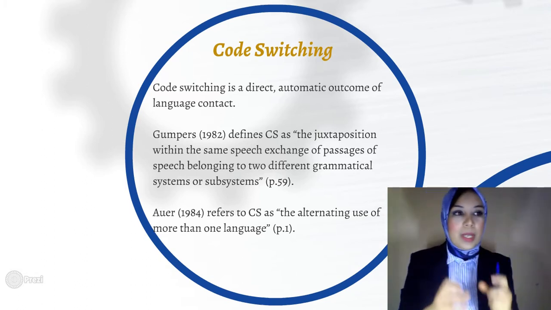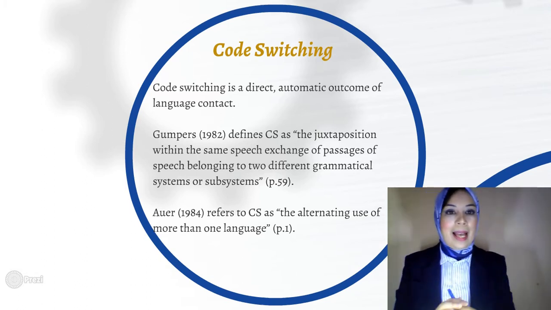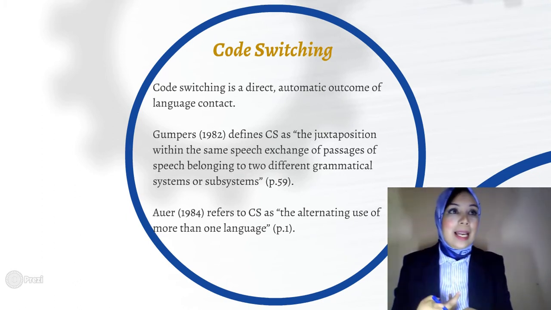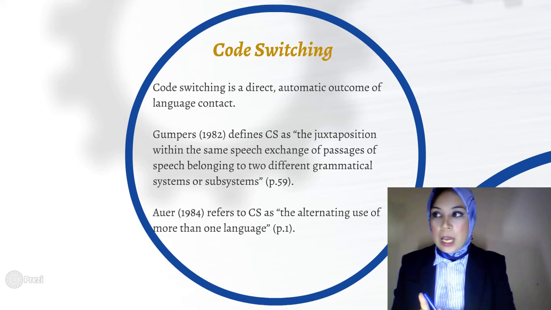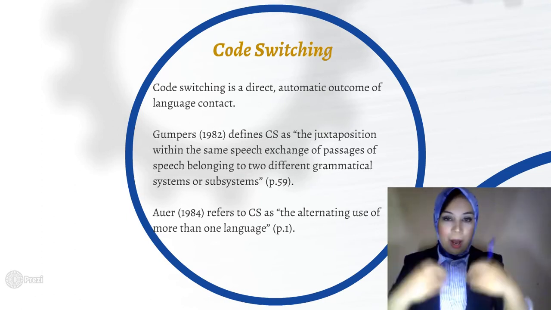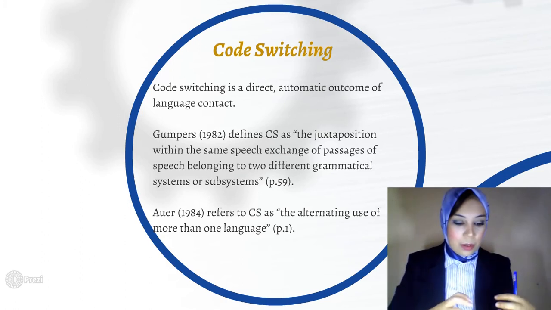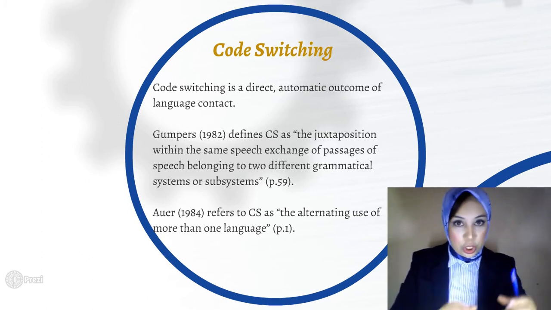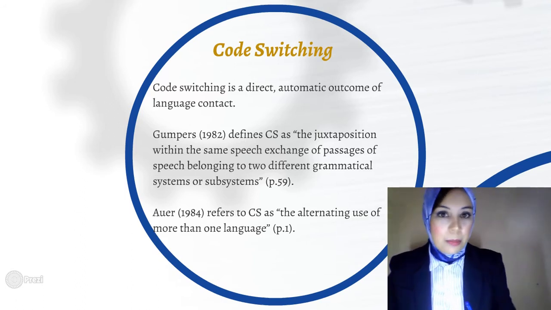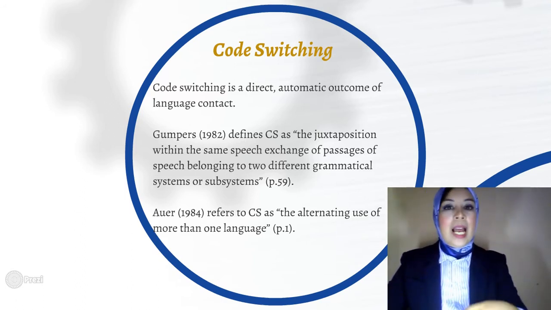Here, we can refer to systems as either a word or phrase, sometimes even morphemes, and sentences, utterances, and so forth. So the more we bring to our language, and the way in which we bring items to our language, is going to give us a different type of code switching, as we are going to see later on.